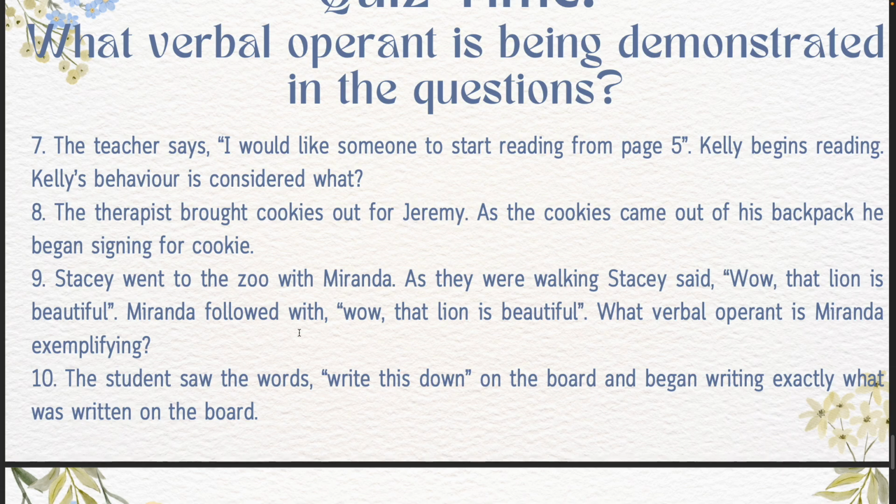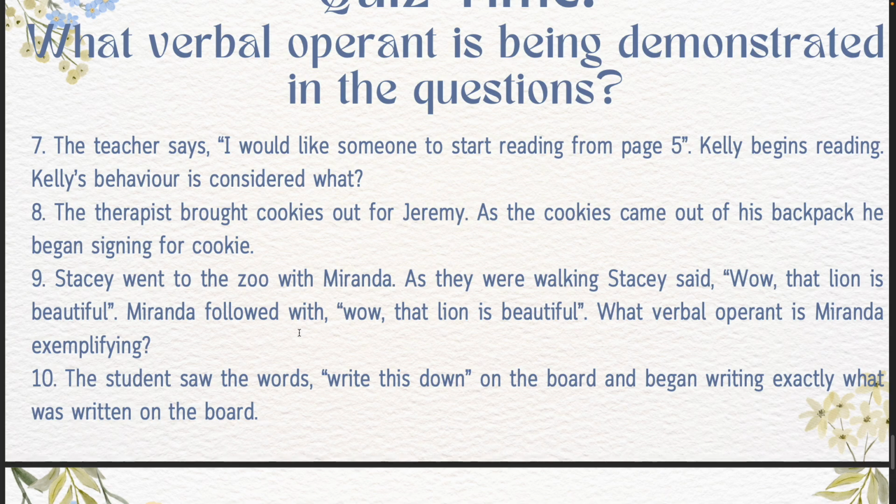And I'm going to do the same for you guys for question 10. So let me read it. The student saw the words, write this down on the board, and began writing exactly what was written on the board. Okay, again, I'm going to leave question 9 and 10 for you. So please go ahead and comment down below what your answer is.